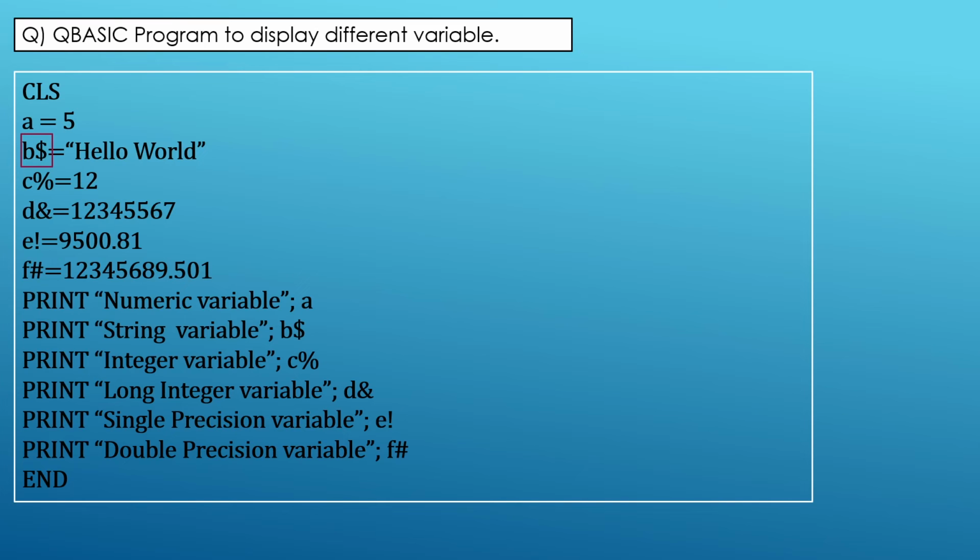This variable name is used in the print statement. Similarly, F#, a double precision variable, is also used in the print statement. We will learn this same program in the QBasic software, run this program and see the output.